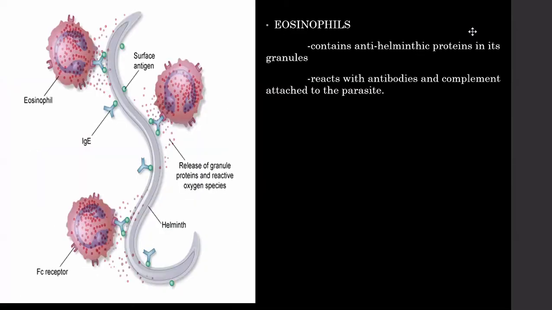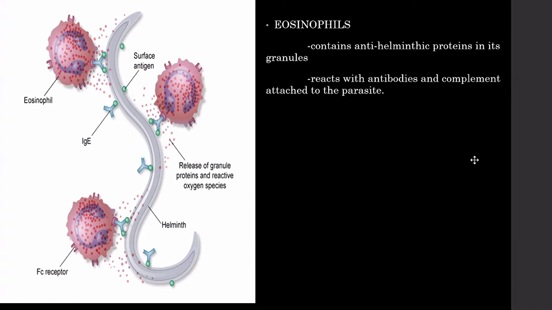Next is your eosinophils. Main WBC, please take note of this, the main WBC that acts on your parasites. If you have a lot of worms in your belly, your eosinophils will be high. Okay?